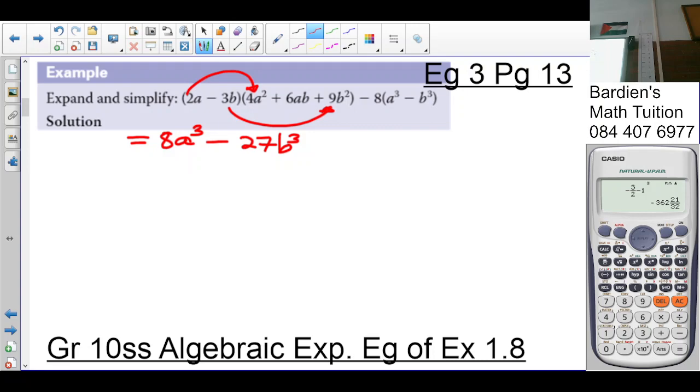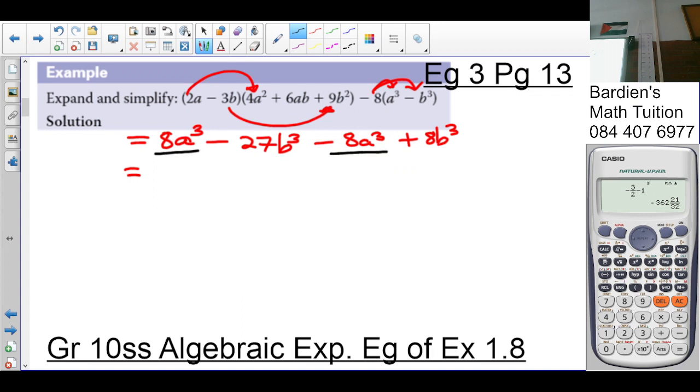Did you get the second term? What must be done there? Multiply the negative 8. So negative 8 times a cubed, and negative 8 times negative b cubed. What do you notice? Like terms. I can't believe it's so easy.